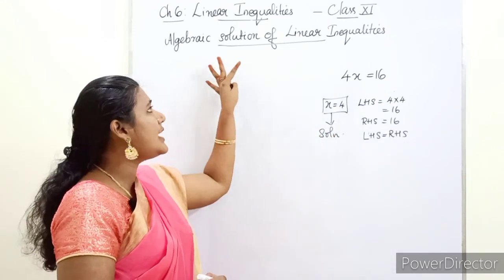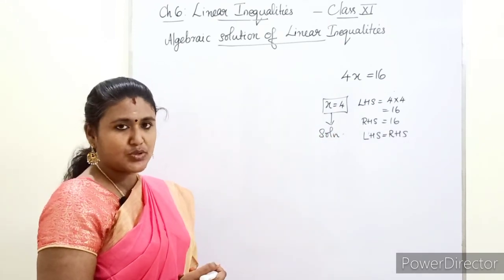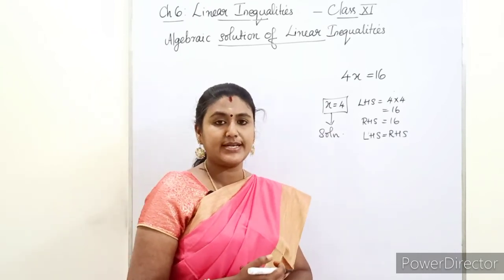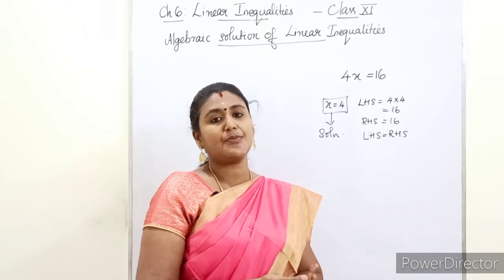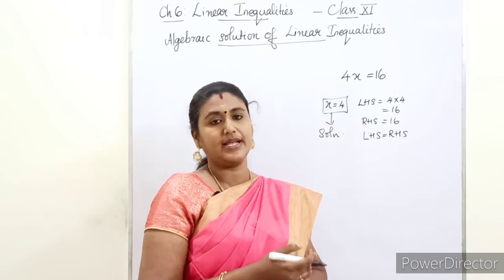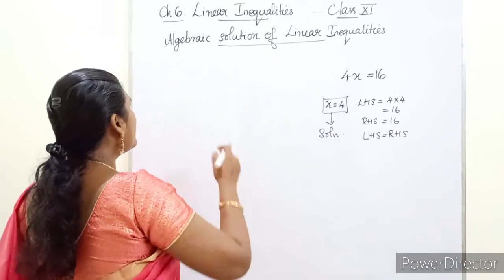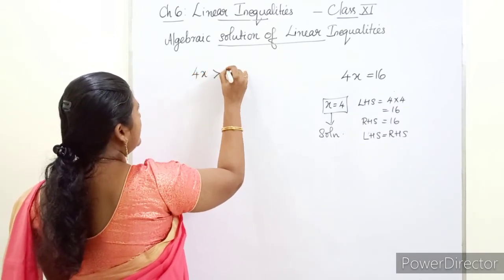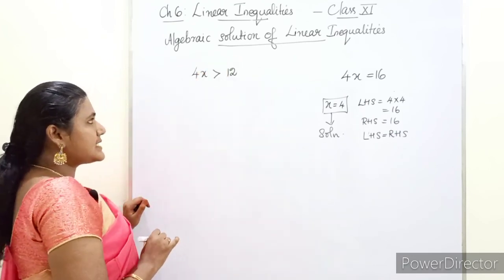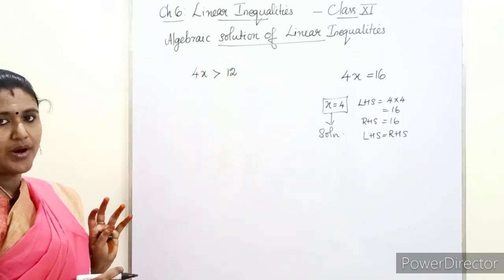The same is true in the case of inequalities also. The solution of an inequality is the value of x which makes the statement true, or which satisfies the inequality. For example, take 4x > 12. 4x > 12 is a linear inequality.